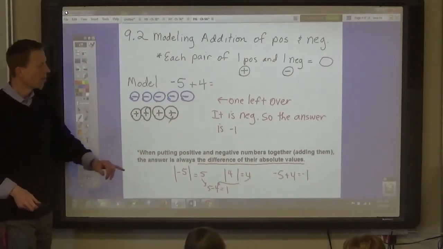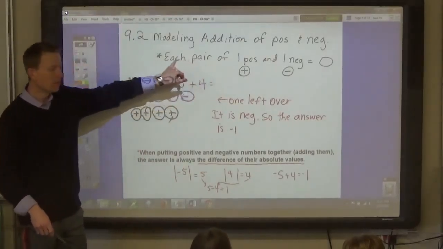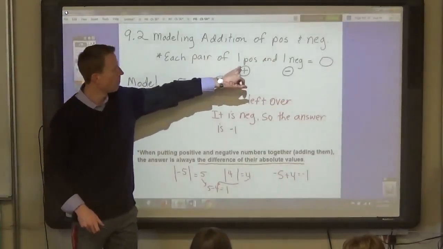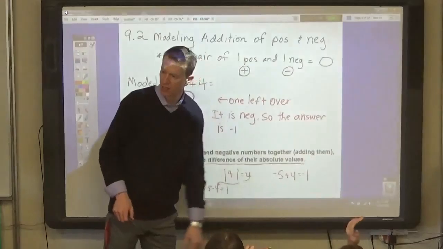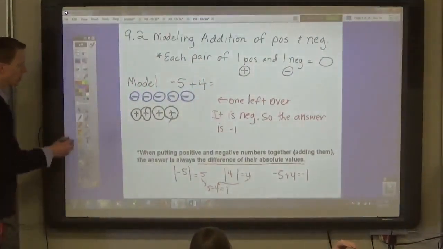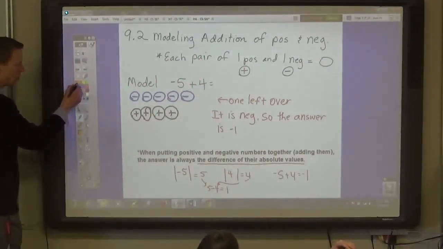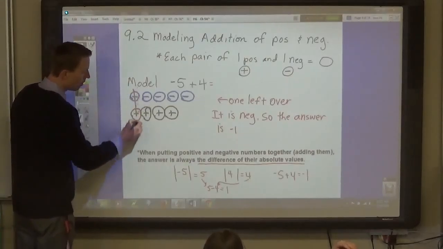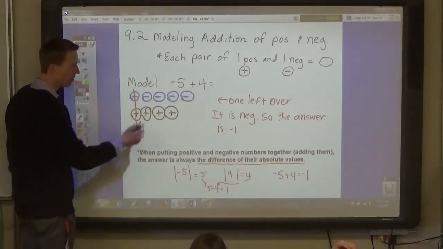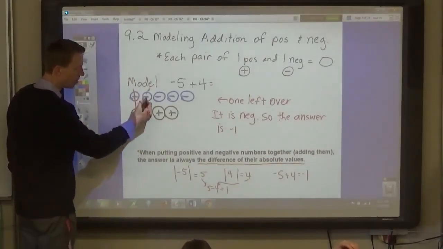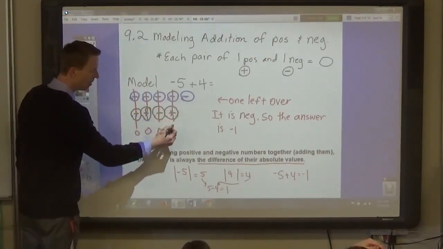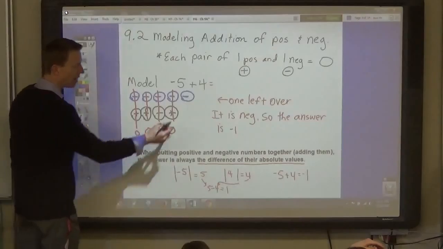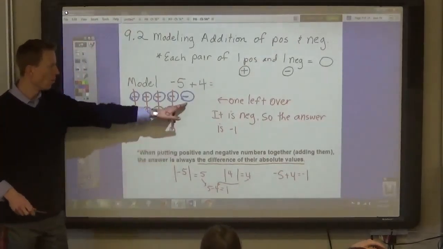Now, read what this says again. Each pair of one positive and one negative equals 0. So to find the difference in the two, you cross out a pair, because this is 0, this is 0, this is 0, this is 0, and you're left with 1 negative.